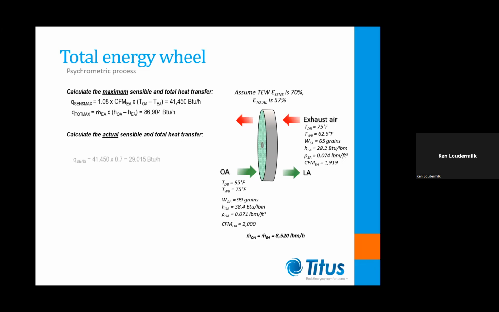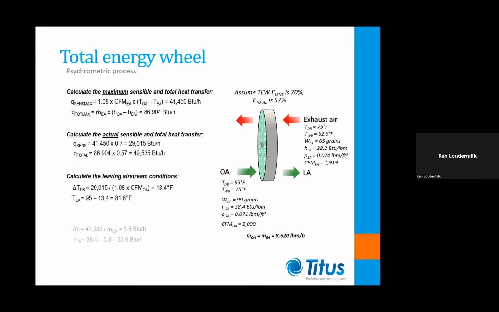We then apply the wheel efficiencies to estimate the actual sensible and total heat transfer. We can now establish the dry bulb temperature and enthalpy of the outdoor air leaving the energy wheel, which then allows us to use the psychrometric chart to determine the other leaving airstream properties.